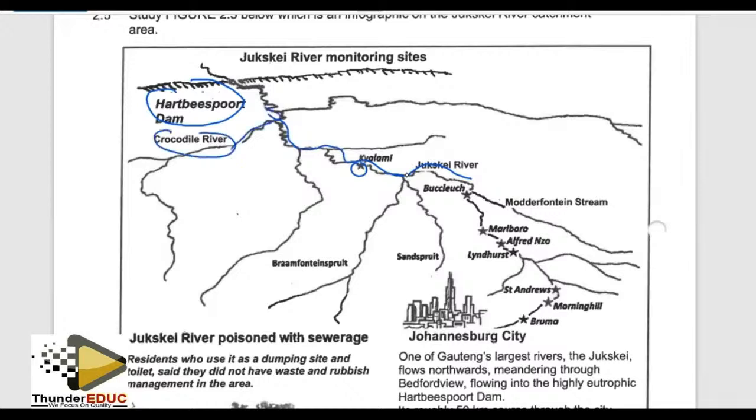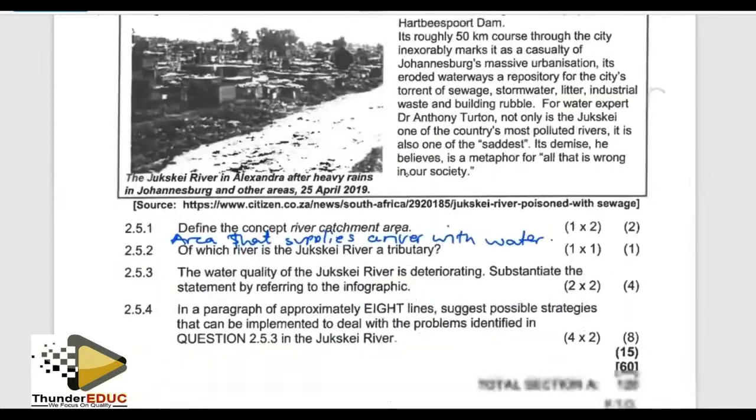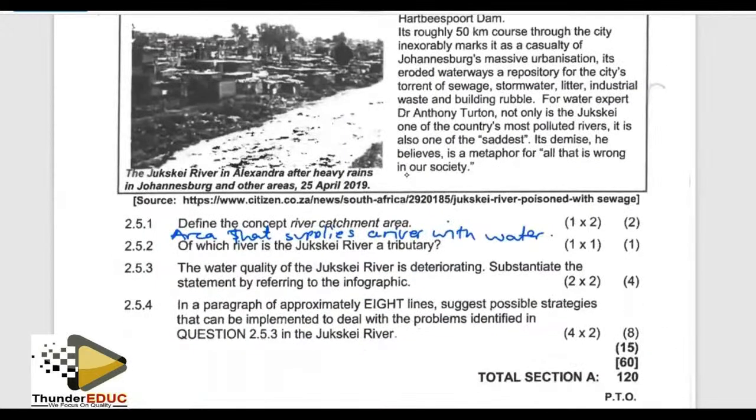So the Cascade River tributary is flowing into the Crocodile River. That's why we say the Crocodile River.